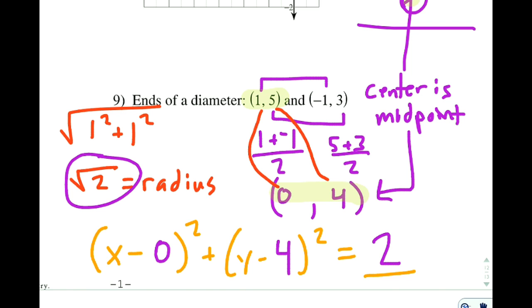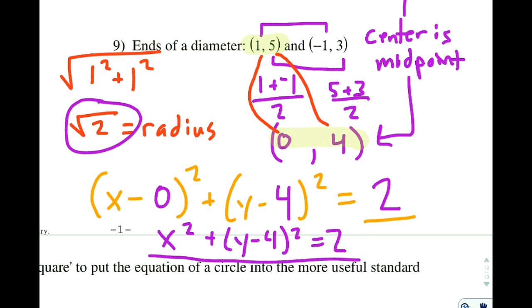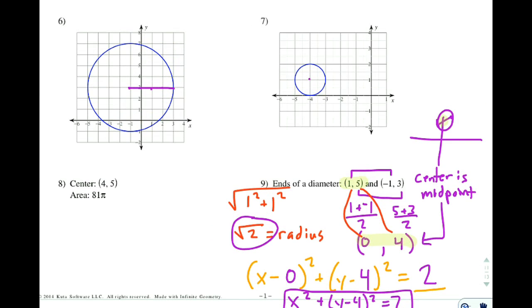It is not 4. You could say it's the square root of 4, but what's the square root of 4? It's 2. If you wanted to clean that up even further, x minus 0 is just x squared, and then y minus 4 squared equals 2. So that's going to be the most cleaned up version of your formula for a circle. That one's the toughest one, but you're going to see problems similar to that on other sections.